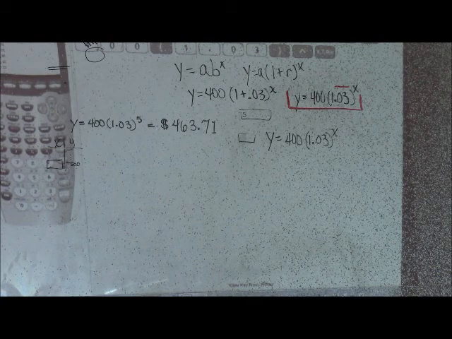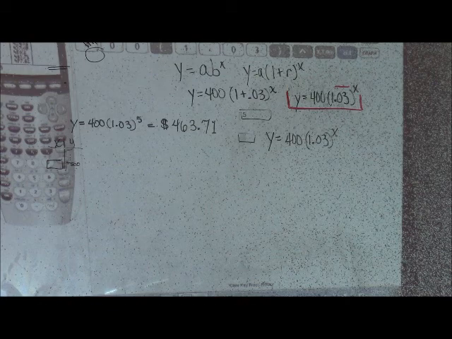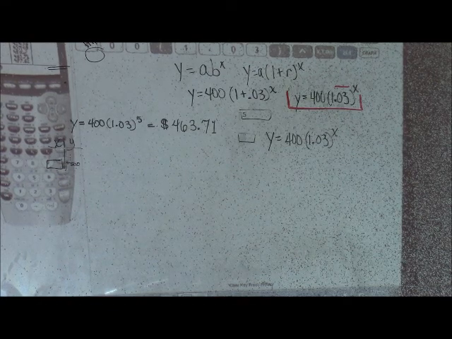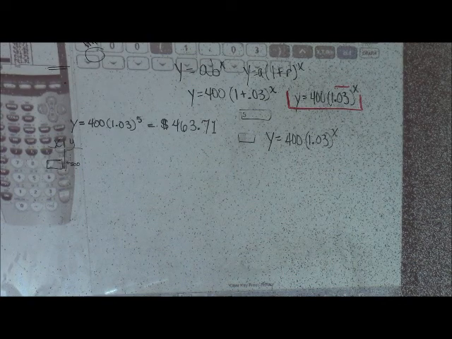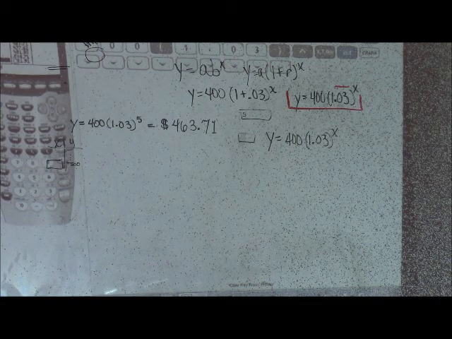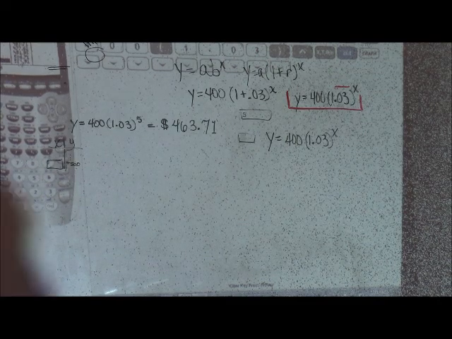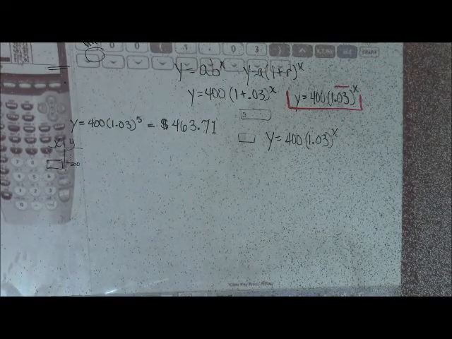And now we can look at our table, and we want to look at our y column and see when we're above 500. We may have to cursor down to find it. I see it right here. And that is in 8 months. So in 8 months, Juan will be over $500.